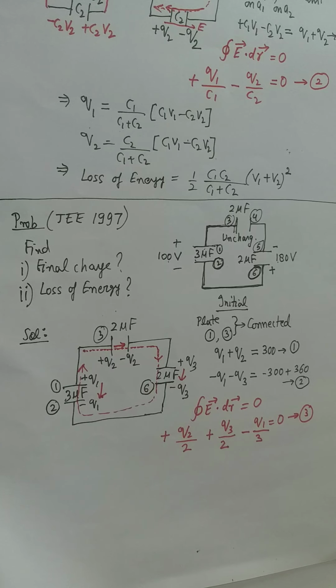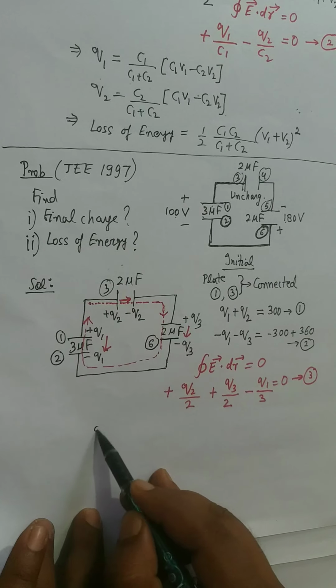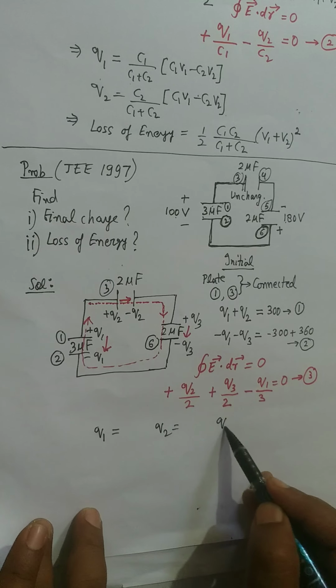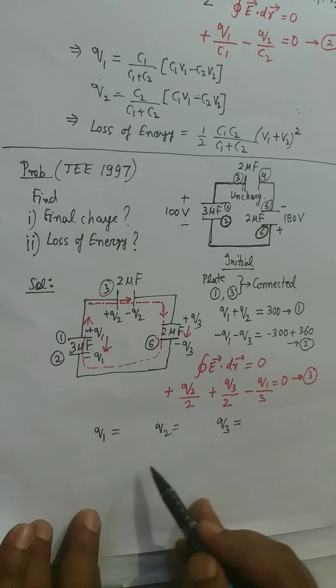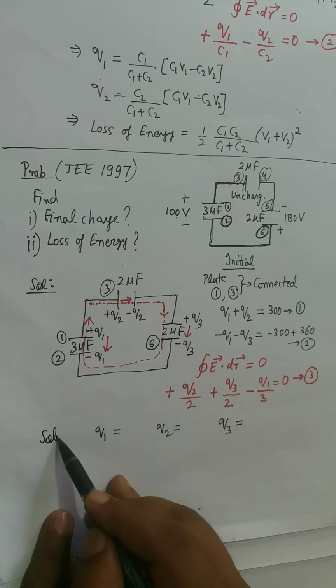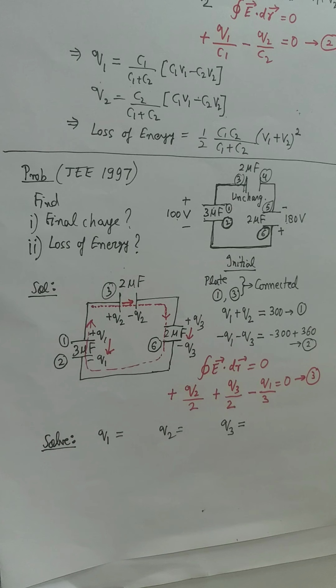I leave this mathematical part for you. Solve these three equations, get the values of Q1, Q2 and Q3. And unfortunately, if you get the value as a negative number, it is quite possible, because we assumed Q1, Q2, Q3 and we also assumed their polarities.